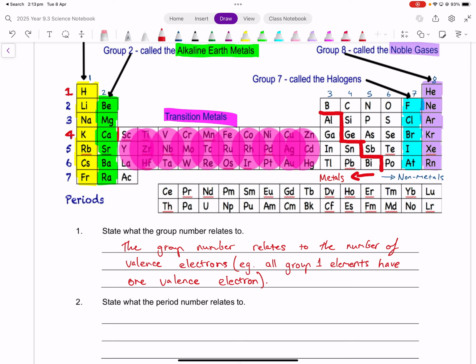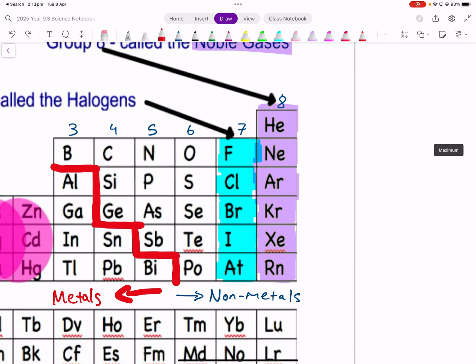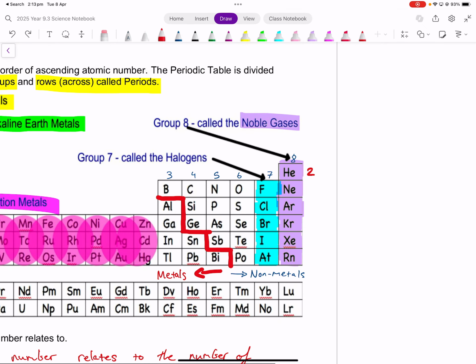So you said that the ones at the end of the group are known gases because their outer shells are fully filled up. And the outer shell for helium, for instance, has 2. The outer shell for neon has 8. The outer shell for argon has 8. But by the time we get to krypton all the way down to radon, for instance, their outer shell is full, but it doesn't have 2 or 8.